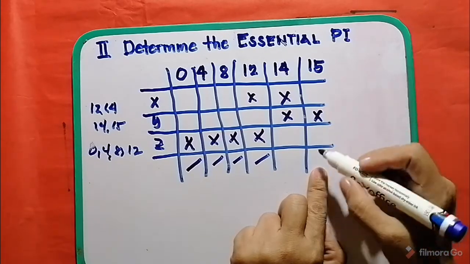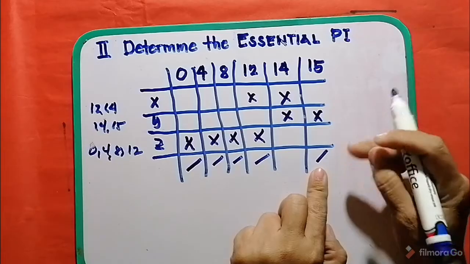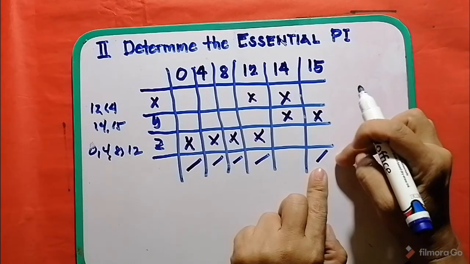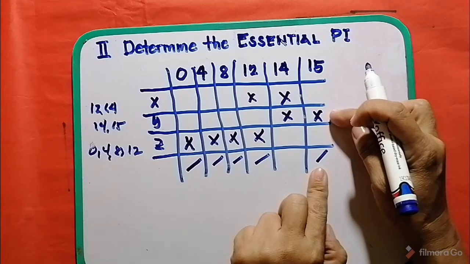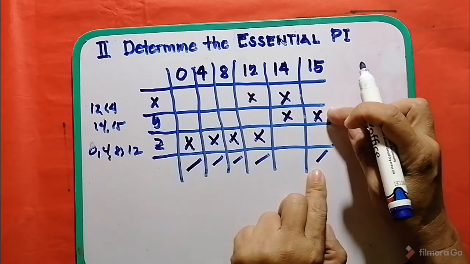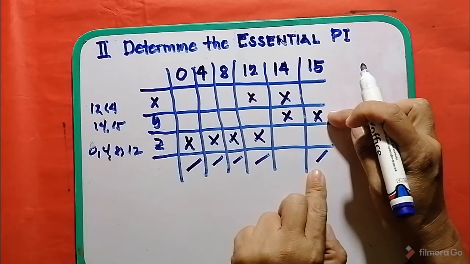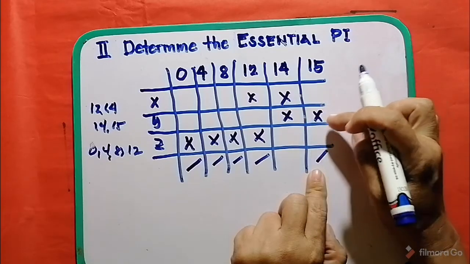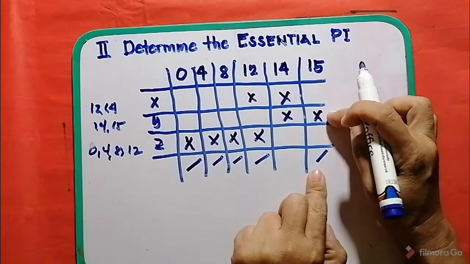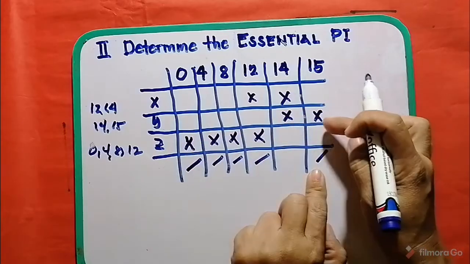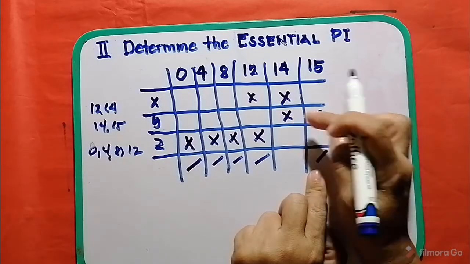15, I have one x, so I'm going to put a check mark. Since I put a check mark on column 15, this x here is also belonging to group Y, to which 14 also belongs.